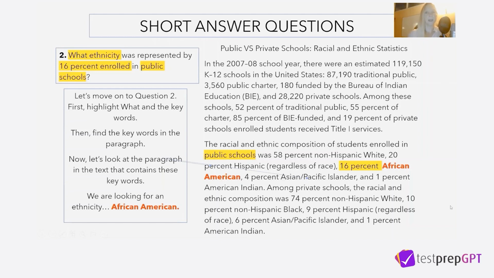So we see that the answer is 16% African American, right? So initially I skimmed the text for the keywords and then I went back and I scanned the text for meaning. So once you get into the habit of this and the practice of it, it really becomes faster. So it's important to practice this.